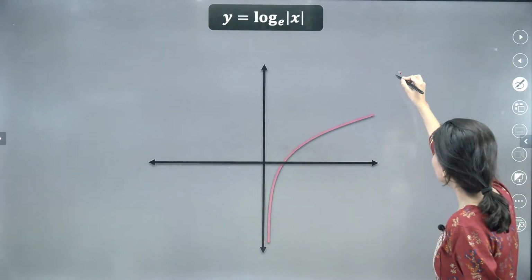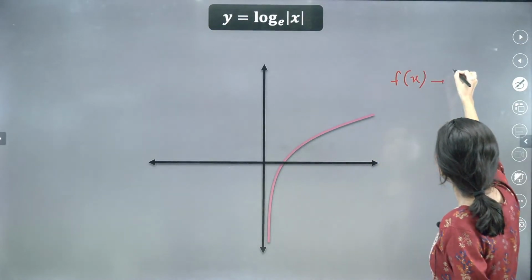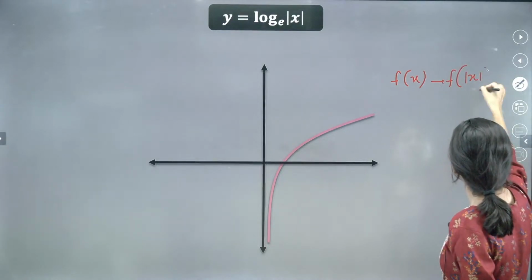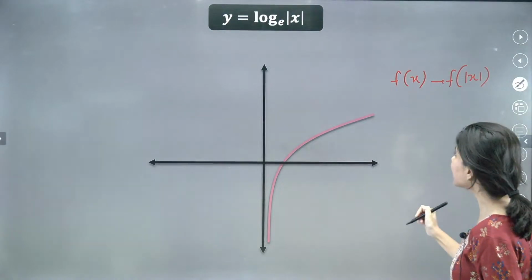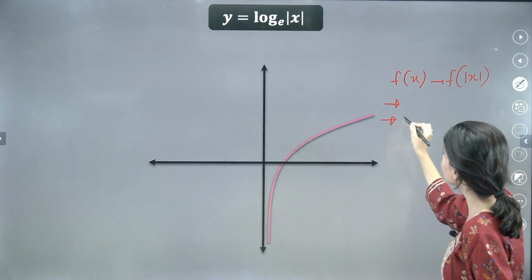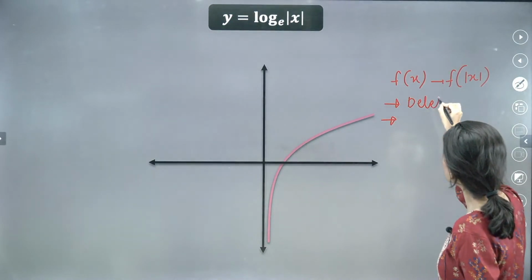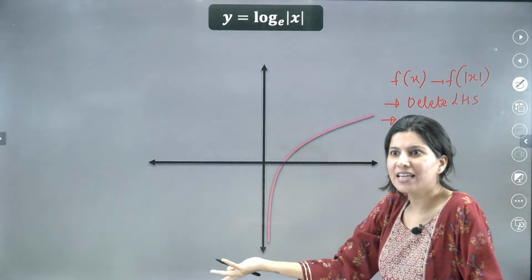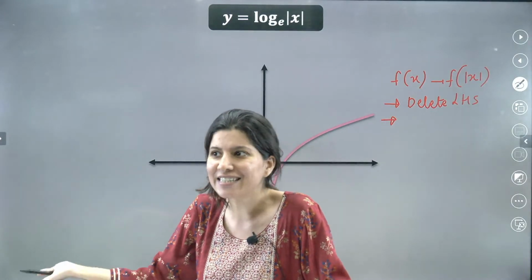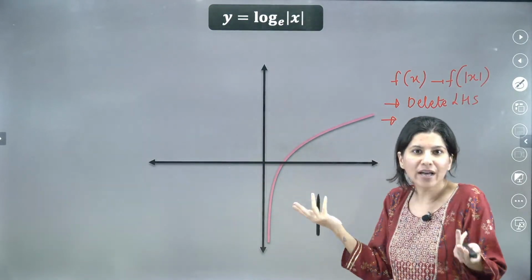Okay. Now f x to f of mod x. What do we do in this transformation? In this transformation actually there are two steps. So delete the LHS portion. In LHS there is no portion, my dear students, so I don't have to delete it.